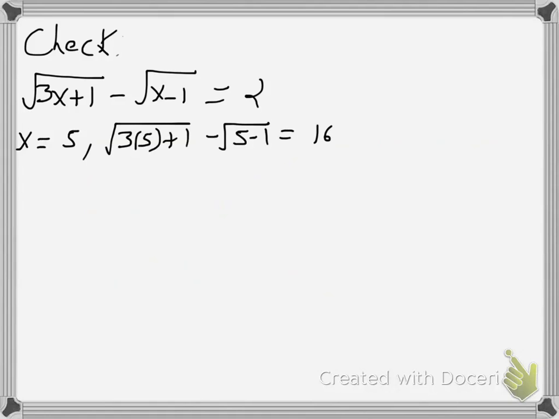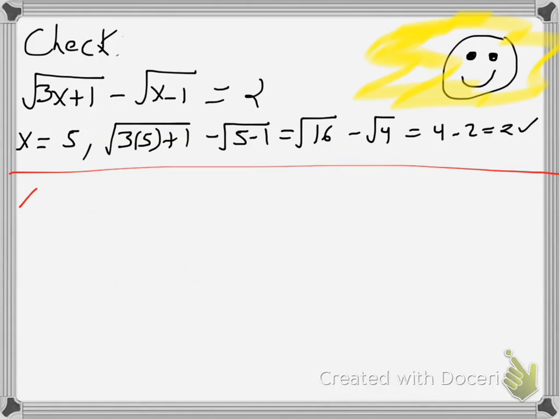So 3 times 5 is 15, plus 1 is 16, so we have square root of 16. 5 minus 1 is 4, so minus square root of 4, which is 4 minus 2, which is 2. So we give ourselves a happy face, and since we're so excited, we'll make it a sun, or it has blonde hair or something like that. We're so excited we got that one.